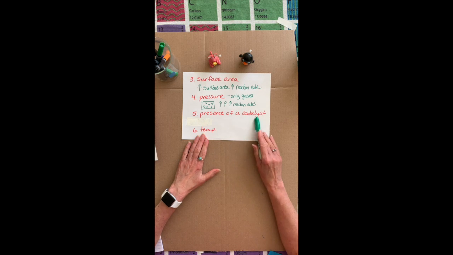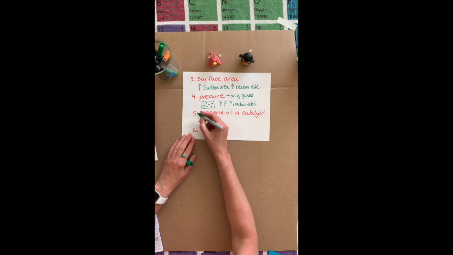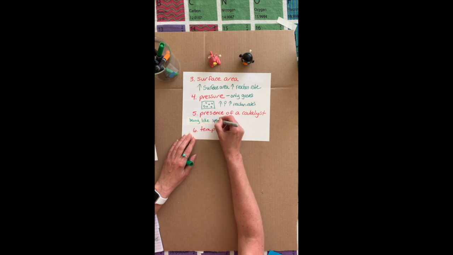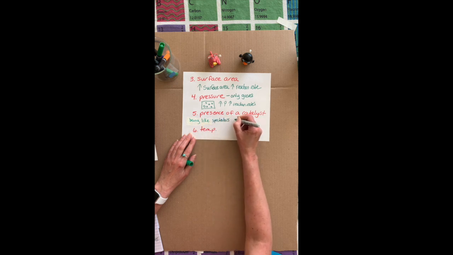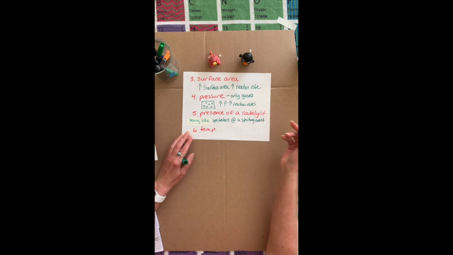If there is a substance that is a catalyst, this will serve to increase the rate of reaction, and it does so by lowering the activation energy. You can kind of think of catalysts as being like spectators at a sporting event or musical event.